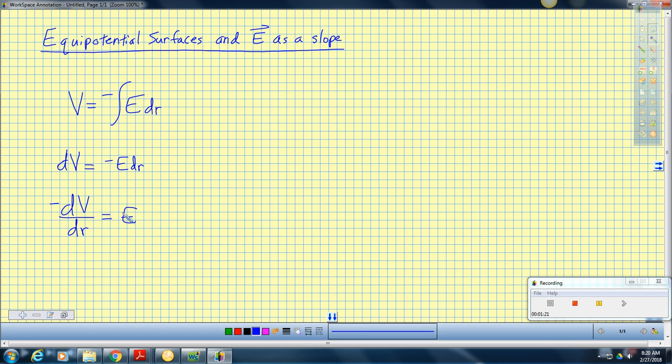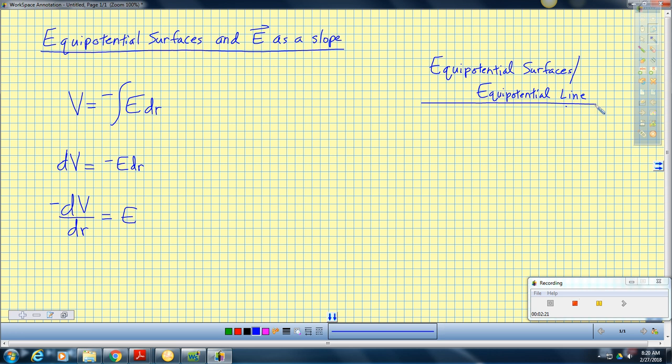The second thing on our list is equipotential surfaces. I should say equipotential lines. An equipotential line or surface is exactly what it sounds like. Equipotential sounds like equal potential.